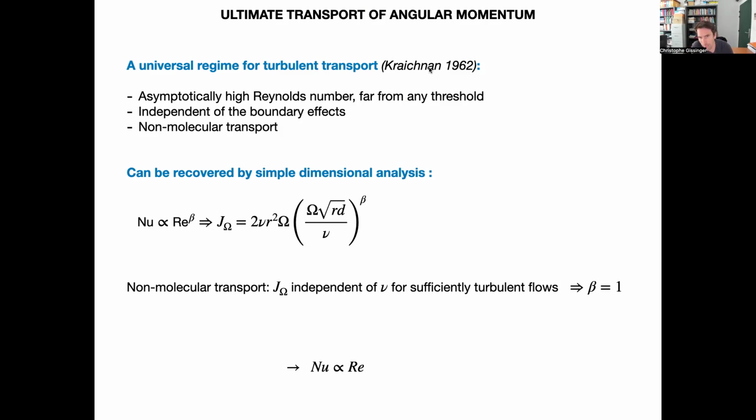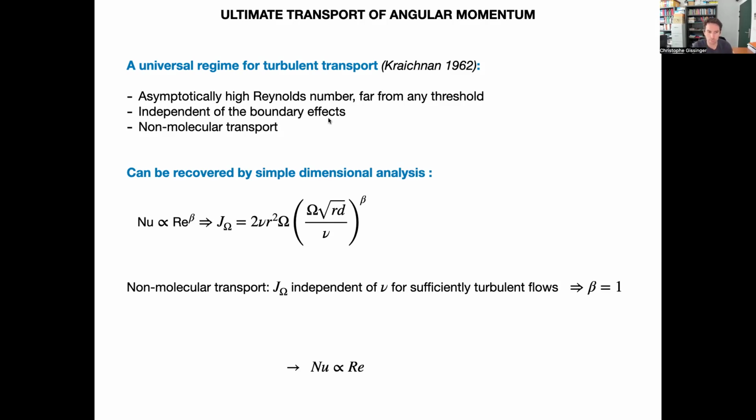When you follow the paper by Kraichnan, you can see that basically what it requires is first an asymptotically high Reynolds number. You need to be far away from any threshold which is driving the turbulence. You need to be in a well-developed turbulence. You need your boundary layer to be turbulent. You need the bulk flow to be turbulent, and so on. The second important hypothesis is that it must be independent of the boundary effects.